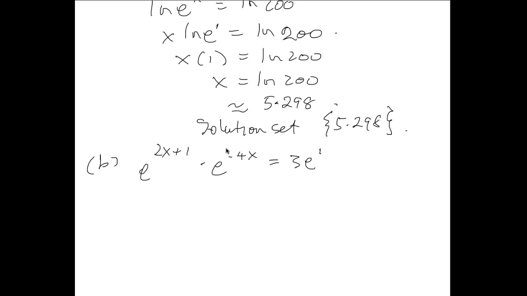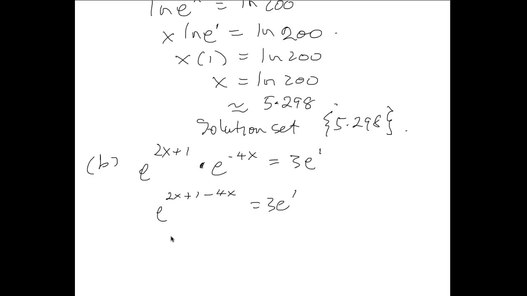So what if I was to use my exponential rules first and say, all right, so this would be e to the 2x plus 1 minus 4x, because remember our exponent rule says that when we're doing the product of two numbers of the same base, then you add the exponents. So this is equal to 3e to the 1.